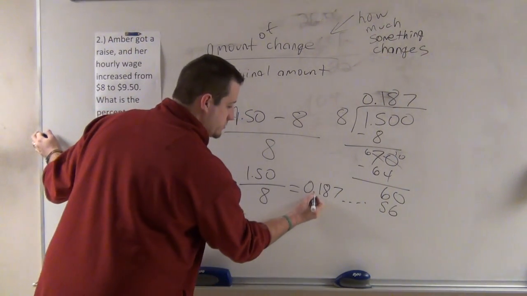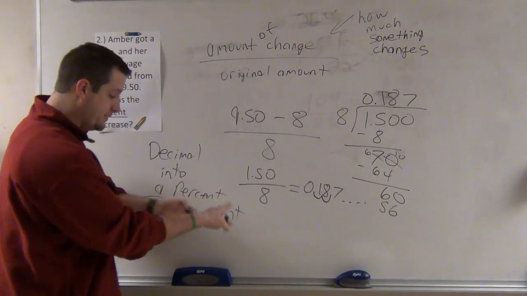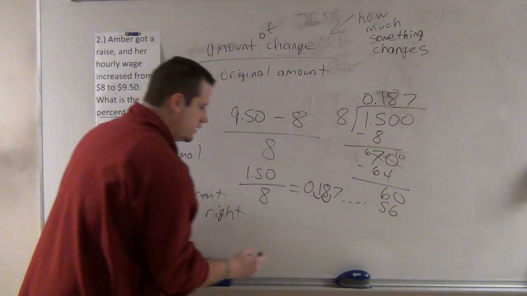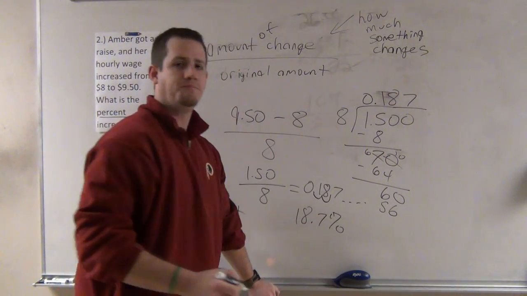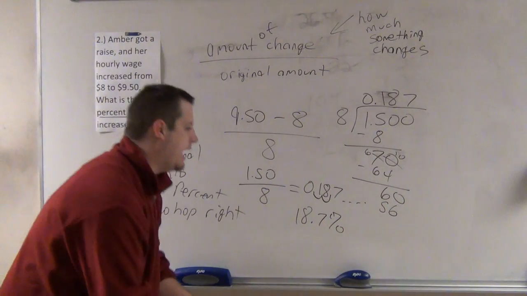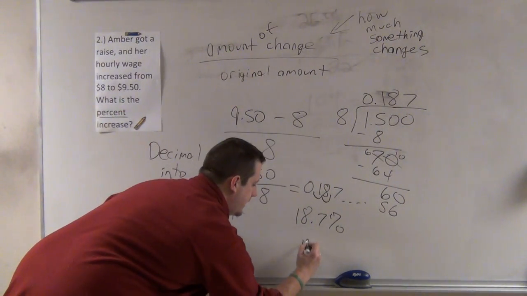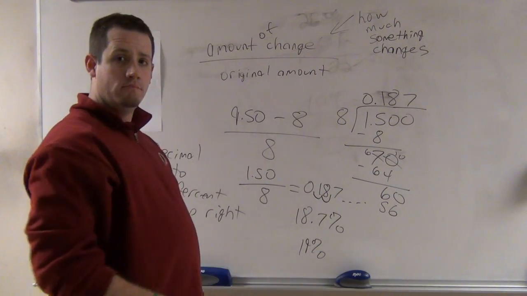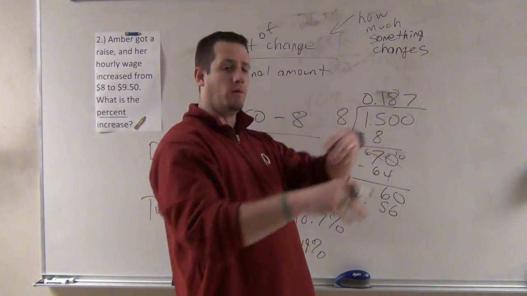So I take my decimal point and I go 1, 2 hops right. Very simple. So 18.7%. And like I said, most of the time, this question would be answered by saying 19%. Okay? Most of the time. Well, that's not all the time. That's why we're just stopping on the third one.